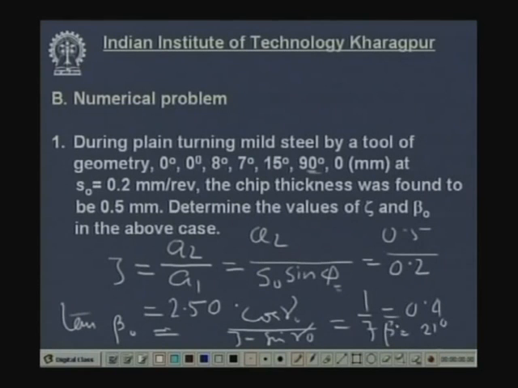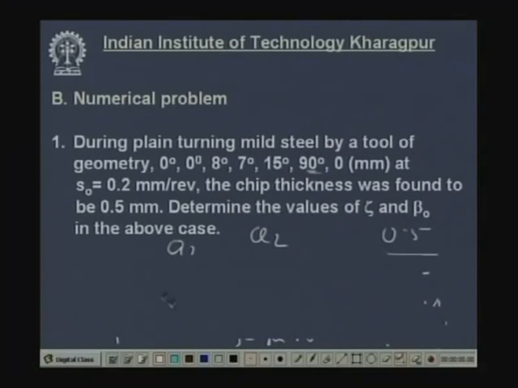Now, one thing I forgot to mention, you should remember that zeta is the chip reduction coefficient, A2 by A1, which is always greater than 1. There is another term used, R, called the cutting ratio.